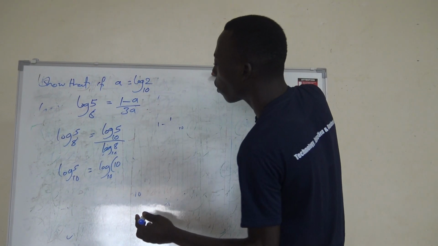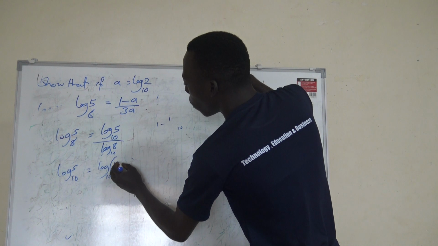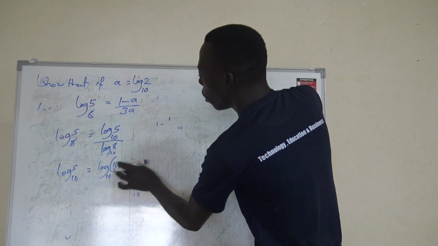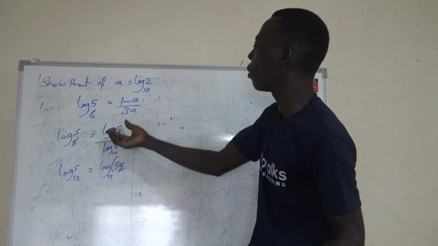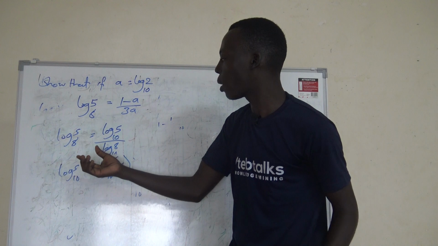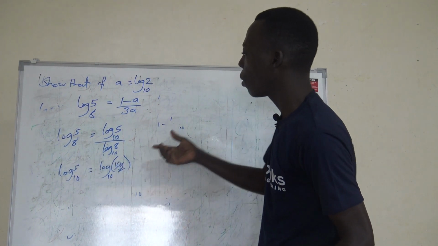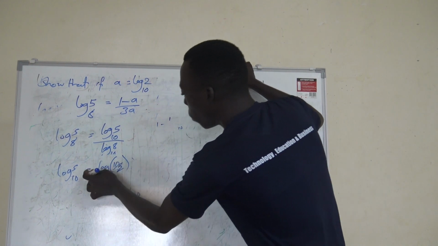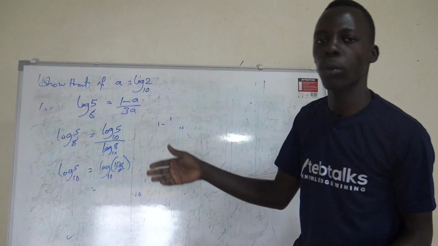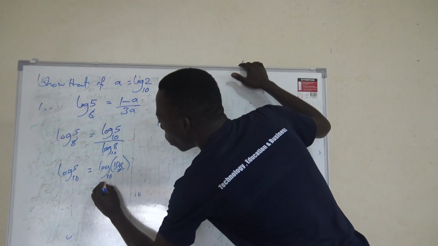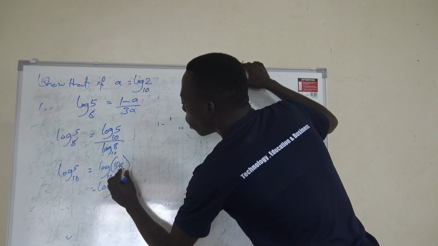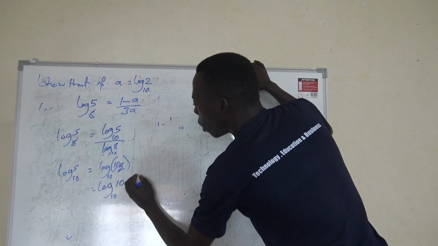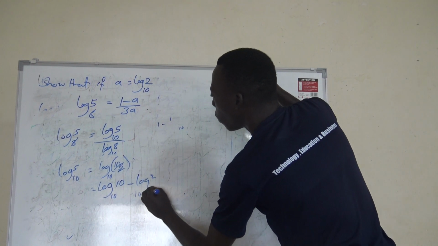So we divide 10 by 2 so that we come out with 5. Expanded, it will be log of 10 base 10 minus log of 2 base 10.